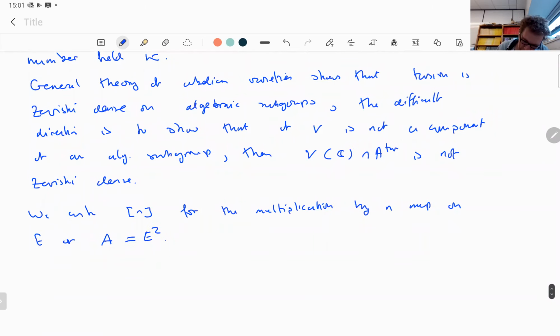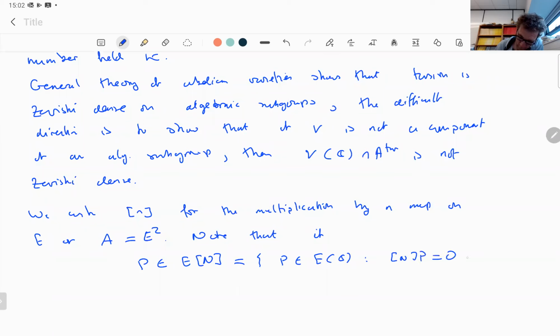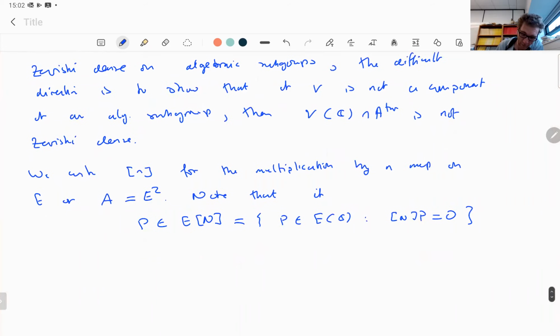So note that if I have a point P in E[n], which is the n-torsion, so it's the points of finite order dividing n. So this 0 is the P0 from above. If I have P in there, then P is algebraic.